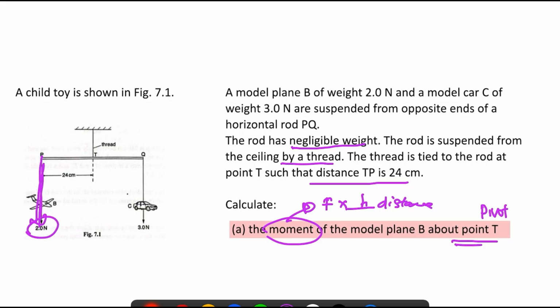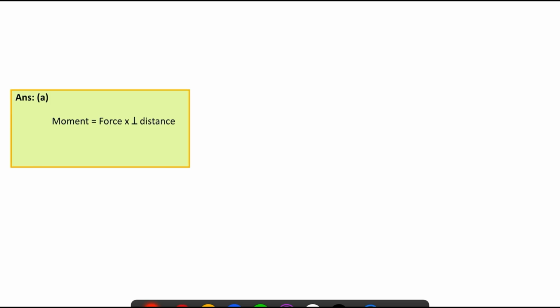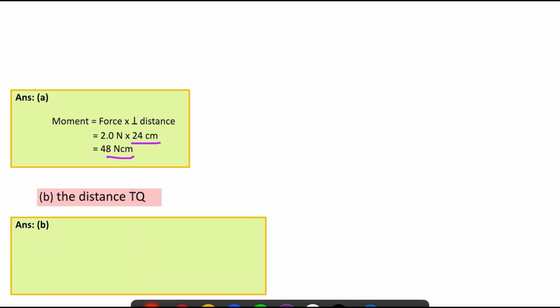The perpendicular distance will be right here, from P to T, because T is the pivot. Moment equals force times perpendicular distance, 2.0 newtons times 24 cm. In this case we didn't convert to meters, so the unit can be newton cm. 48 newton cm.